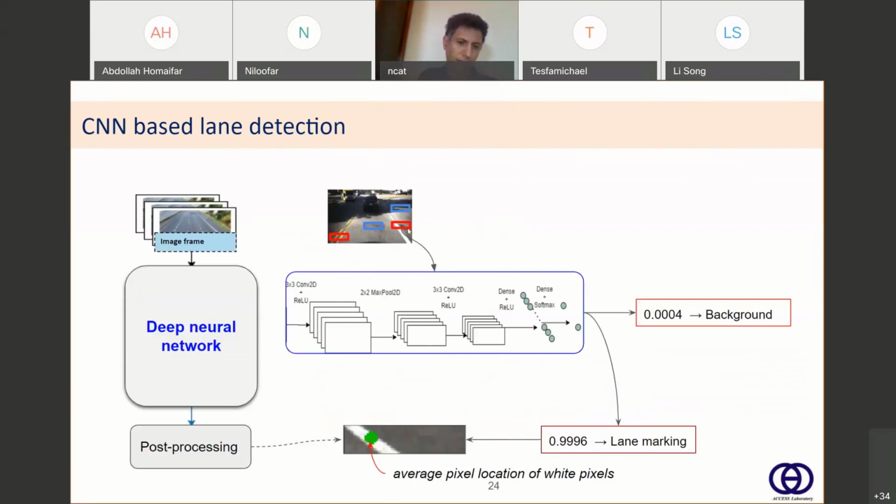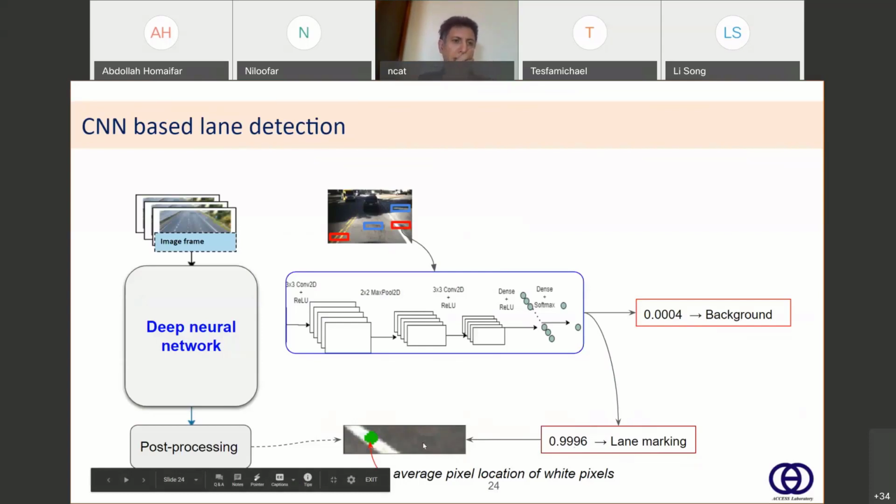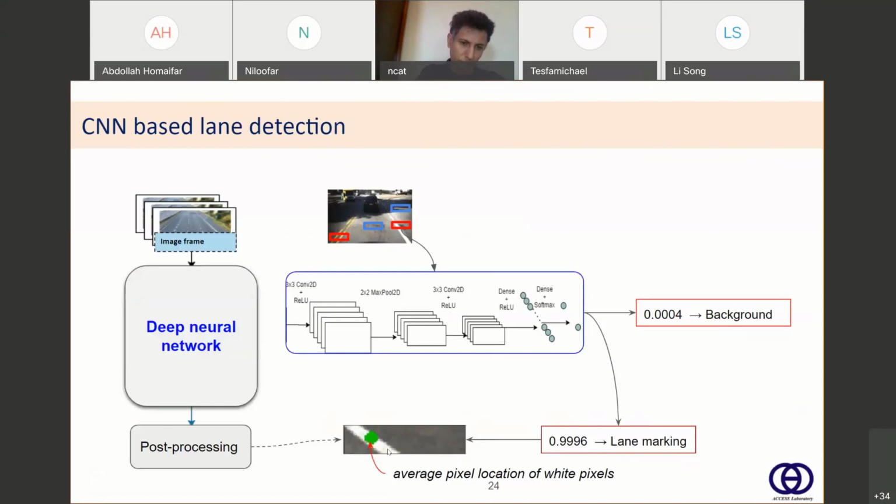It takes an image patch from a given full frame, and that image patch passes through this network, and we get a result, either background or a lane marking. If that image patch happens to have a lane marking, it will be considered for further processing. Instead of simply taking the center of this image patch as the location of a lane marking, we want to be a little bit more precise.